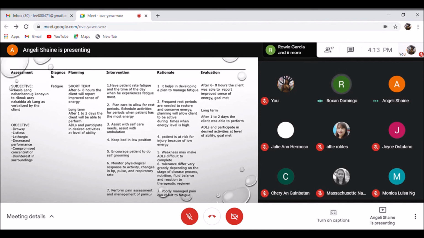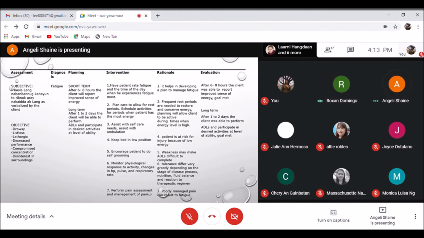Nursing diagnosis: fatigue. Planning. Short term: after 6 to 8 hours, the client will report improved sense of energy. Long term: after 1 to 2 days, the client will be able to perform ADLs and participate in desired activities at level of ability.